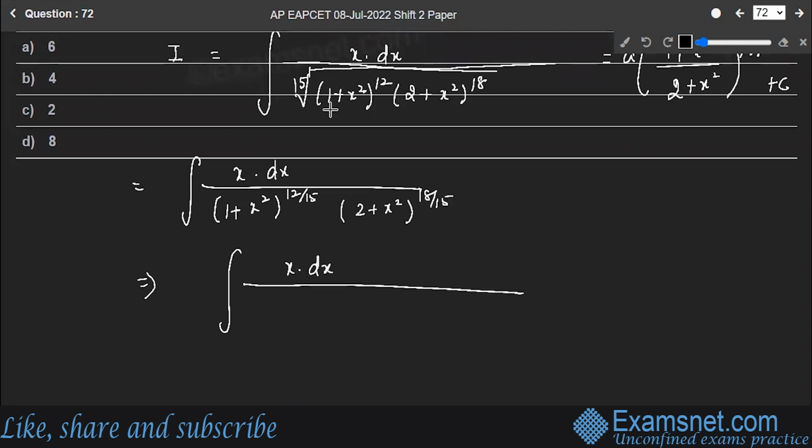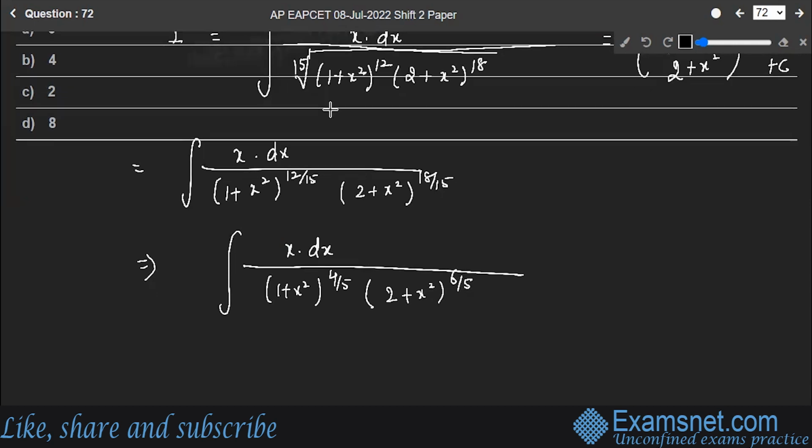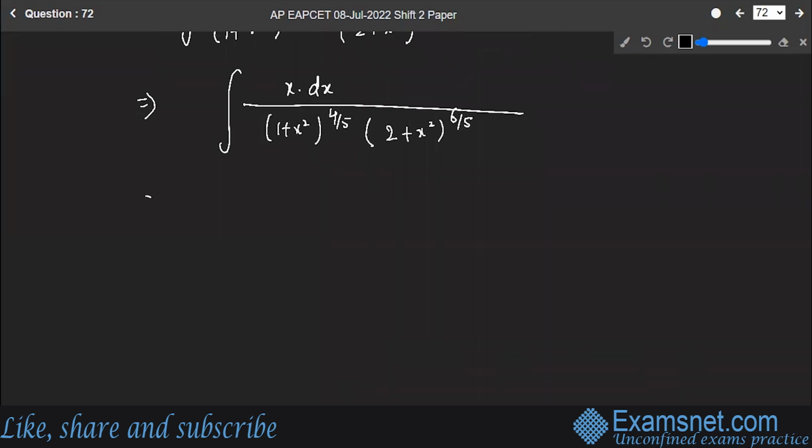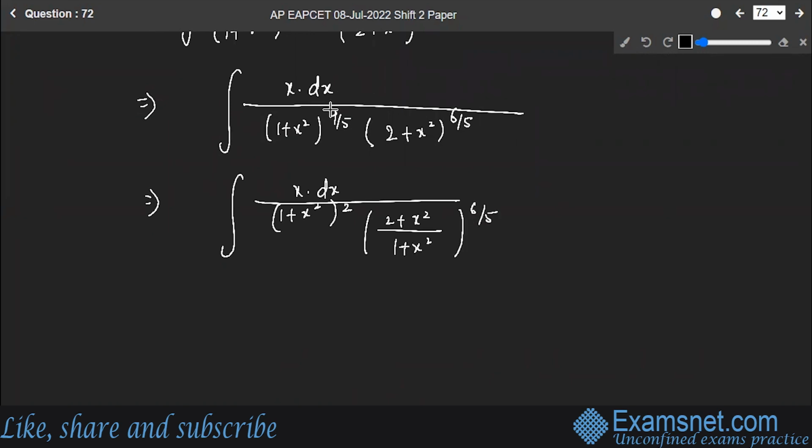That is x into dx, 1 upon 1 plus x square to the power 4 upon 5, 2 plus x square to the power 6 upon 5. This further can be written as the integral of x into dx upon 1 plus x square whole square, times 2 plus x square upon 1 plus x square, now collecting it, raised to power 6 by 5.